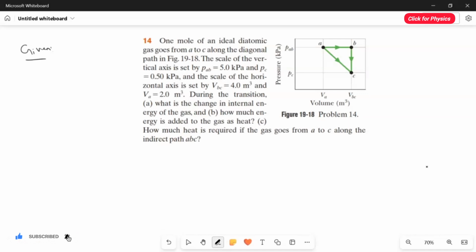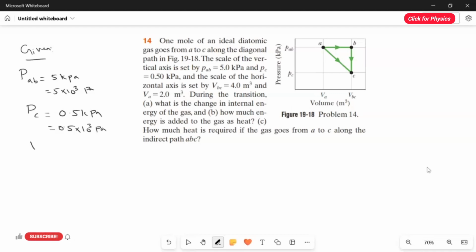From the PV diagram, the pressure at point AB is equal to 5 kilopascal, which is 5 multiply 10 power 3 pascal. Likewise, the pressure at point C, which is 0.5 kilopascal, is equal to 0.5 multiply 10 power 3 pascal.